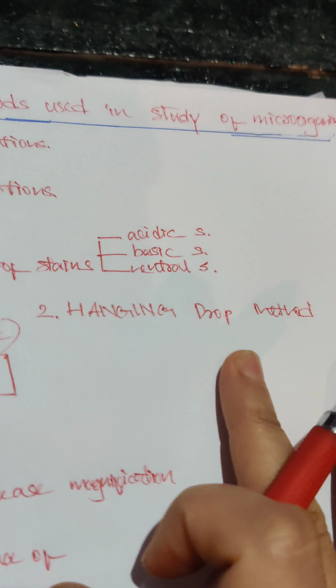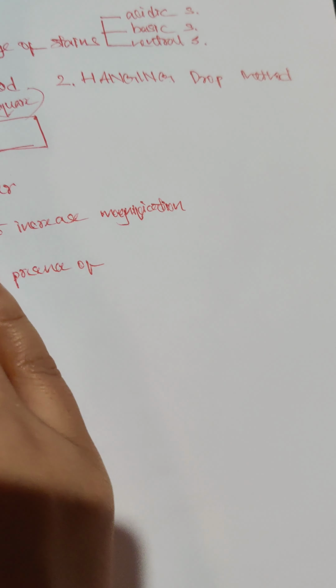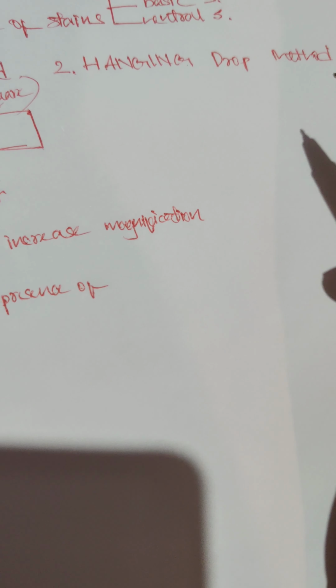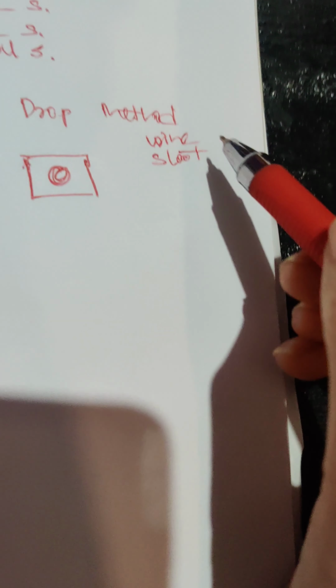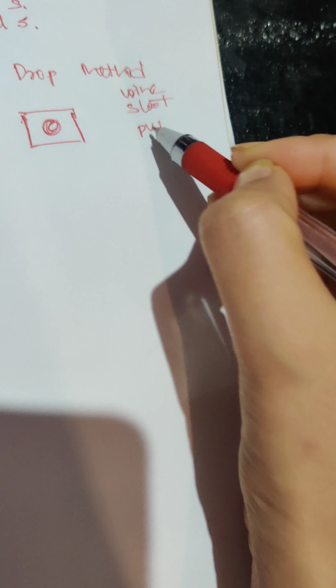And second comes the hanging drop method. It is slightly different from the wet mount method. Here we first take a cover slip, and put the pathological specimens in the same way, urine, stool, pus or sputum.